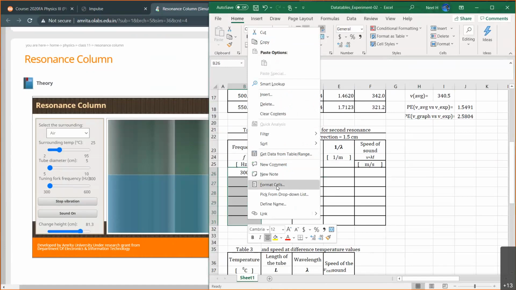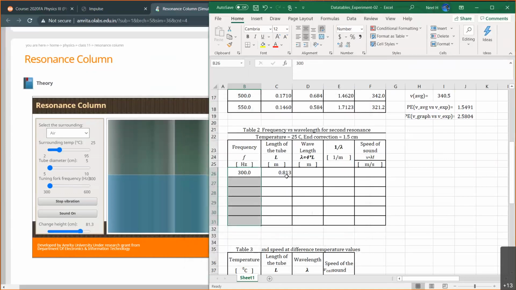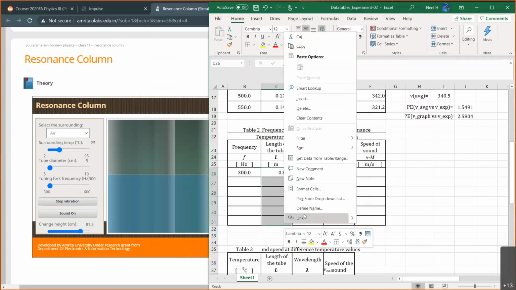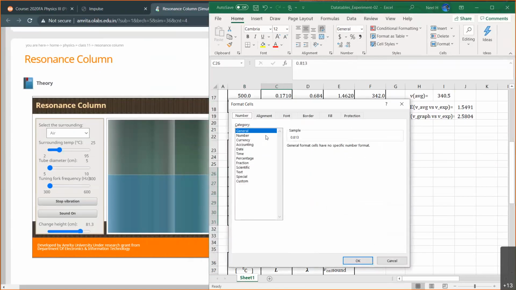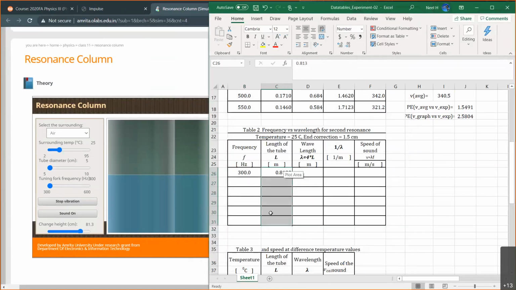For the frequency column, let's format that, at least 1 decimal place, to show 4 significant figures. This one also I can have 4 sig figs, which in this case means 4 decimal places, since they are small numbers. And because of that, all the rest I can have as 4 significant figures always. Okay.